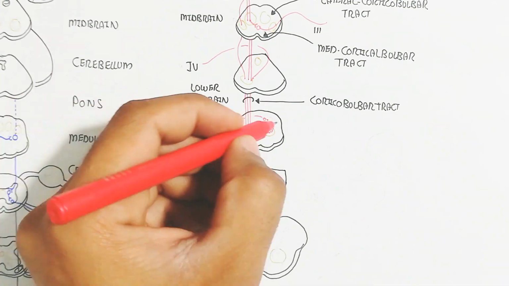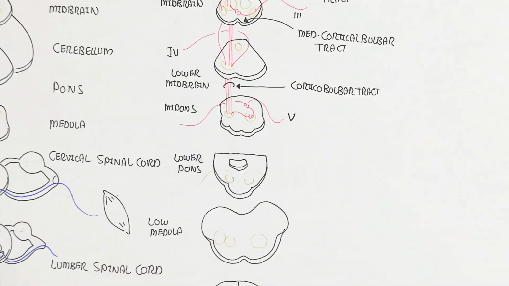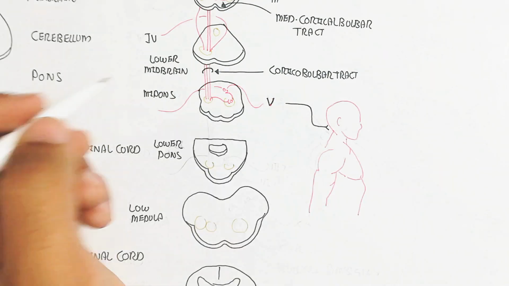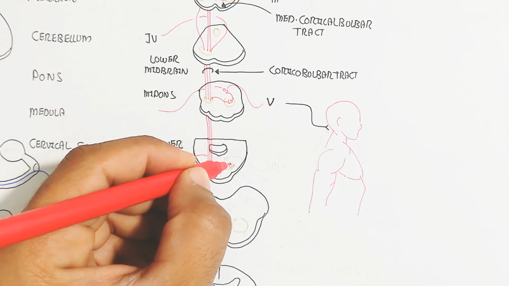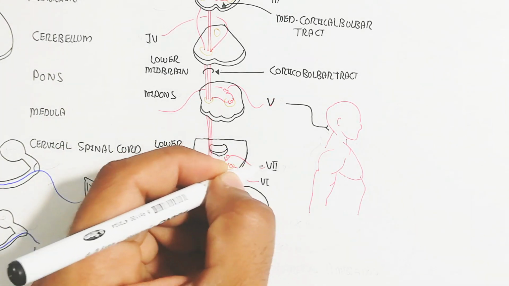In this way cranial nerve 4 is involved, giving the signal as a lateral corticobulbar tract, while on the other hand here is cranial nerve 5 at the mid pons, which is also the lateral corticobulbar tract.